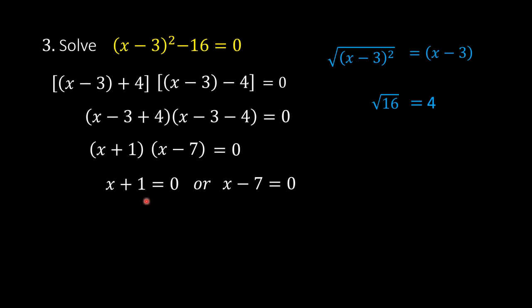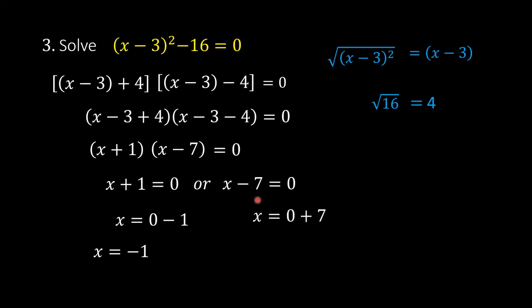Solve for x in the first equation. Transpose positive 1 to the other side and change its sign. So we have now 0 minus 1. Positive 1 became negative 1 here. So we have x is equal to negative 1.